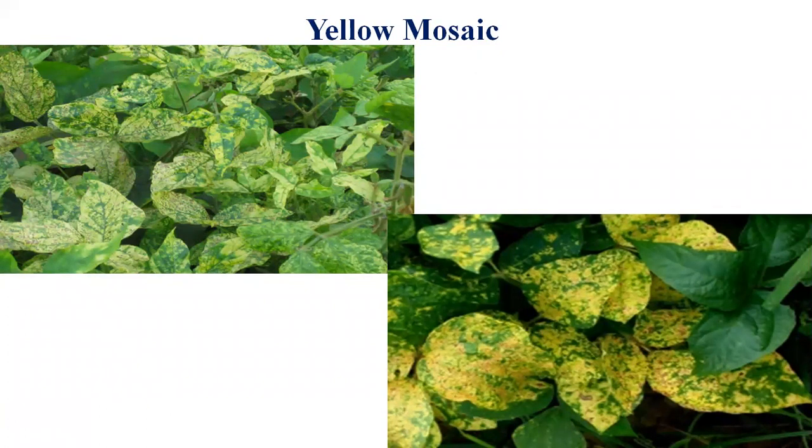So that's why this disease is known as yellow mosaic. You can see in the first image, the upper image, and also in the lower image, the yellow pattern of this black and green gram remains for a longer duration, more than 3 to 4 days, and then complete chlorosis of the leaves can be seen. So that's why it is known as the yellow mosaic.